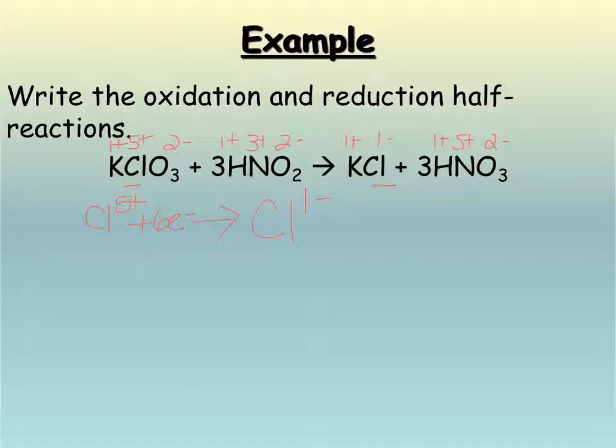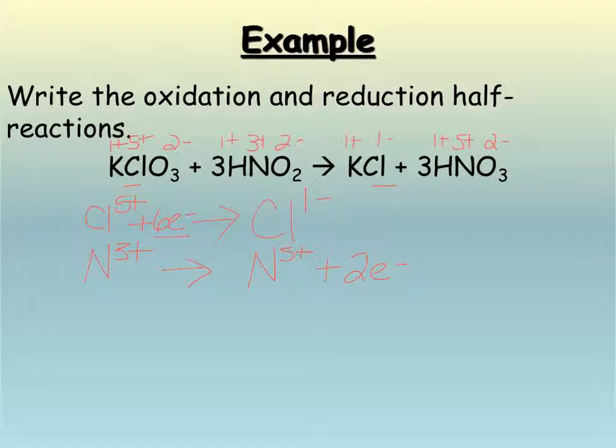All right, now let's look at our nitrogens. Nitrogen is 3 plus, and then over here, it is 5 plus. To get from 3 plus to 5 plus, we had to lose 2 electrons. At this point, both equations are charge balanced and atom balanced.